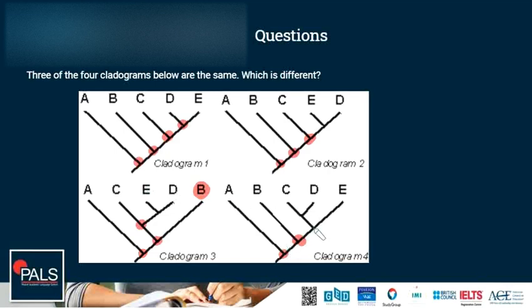Here our third node is still C, and in this case E, but we can see when we look at the last node, DE correct, DE correct, but in this case it is D and C. This makes our fourth cladogram different from the rest. All other three cladograms, cladogram 1, 2, and 3, are exactly the same.